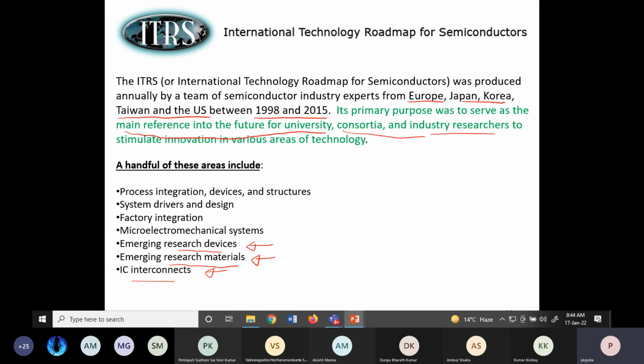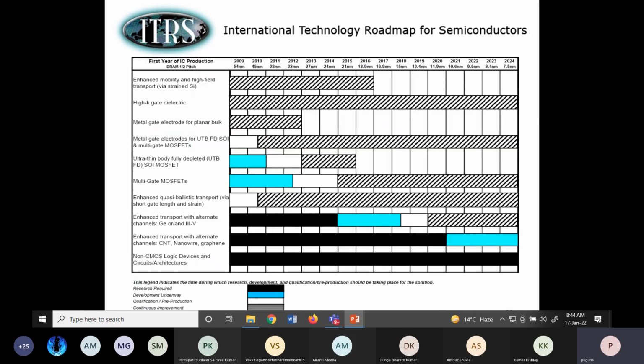So these are different areas where they thoroughly forecasted things. Now, this is a very old slide, old in the sense that if you go to their site, there are newer slides than this one. This is, I think, the prediction around 2008 in their roadmap.